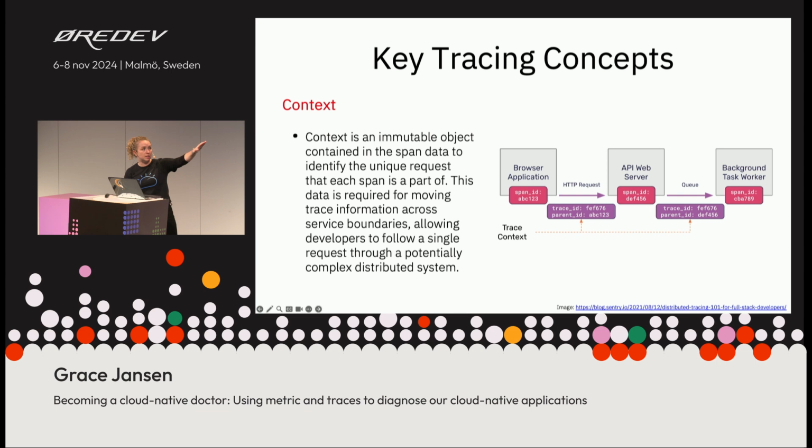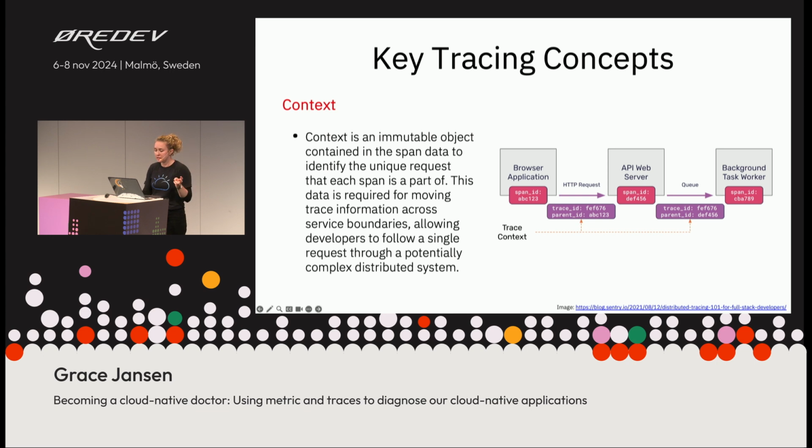Context at the bottom is that middle section in purple there, just to show you how they link together the different spans. So the trace ID in context is essentially the unique identifier that's generated right at the very start of a request. So it allows us to know all of these spans are part of the same trace, hence having the same trace ID. The second thing is the parent ID.